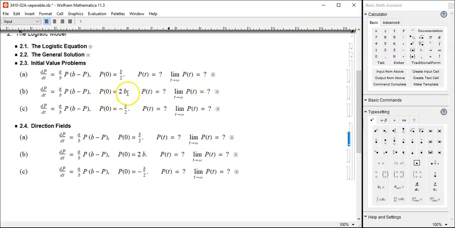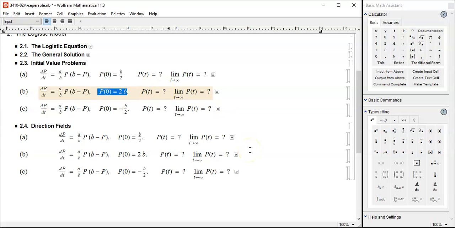How about the next problem here? B is the mature population, so we are starting with a population higher than the mature population, so the population will go down and stabilize.